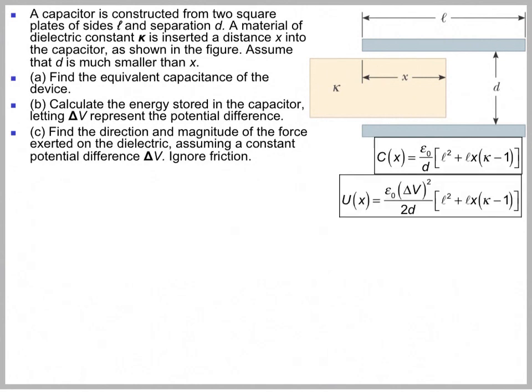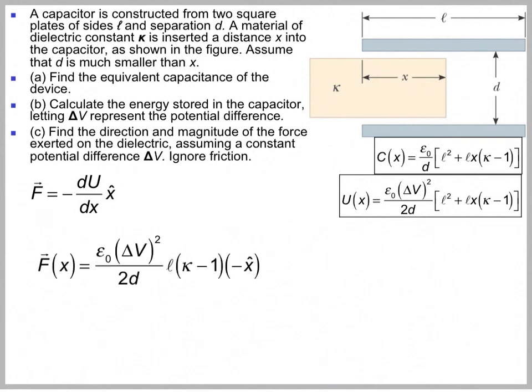Now, how are we going to find the force? Well, we know that the force is the derivative of the potential energy. So force is minus dU/dx in the x direction. So we need to take the derivative of this, and there's only one term that has an x, and that x goes away.